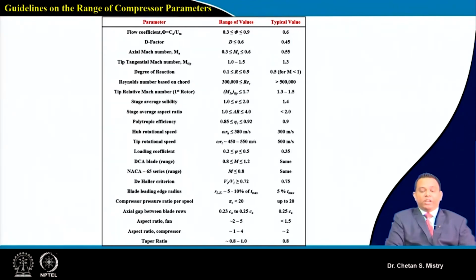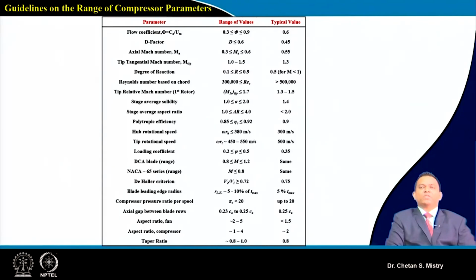Stage solidity needs to be in the range of 1 to 2, and the preferred value is 1.4. For stage aspect ratio, as we have discussed, there is a trend toward low aspect ratio. Over the years we have seen people prefer low aspect ratio designs. So based on which stage we are designing, we need to decide the aspect ratio.